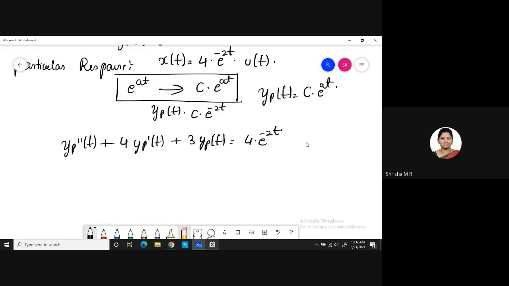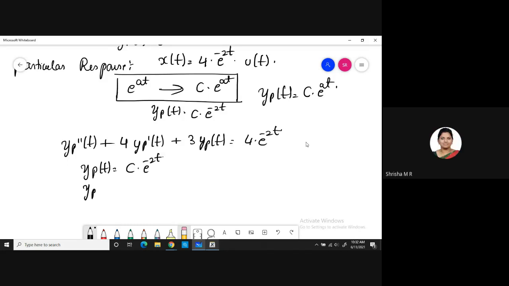Yes, ma'am. So yp of t is given. What is yp dash of t? C into e power minus 2t is yp of t.